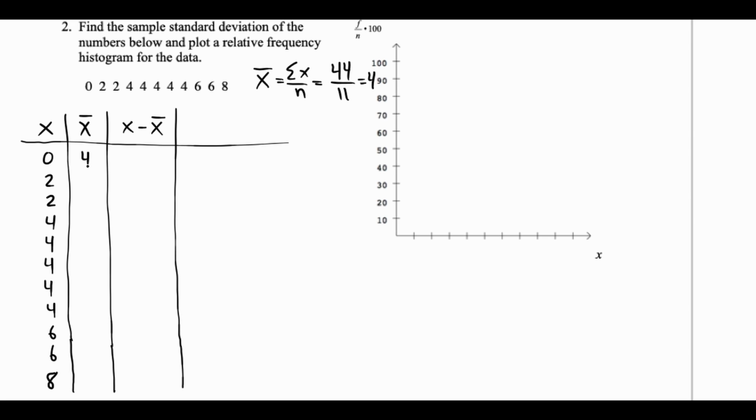So our mean is 4. So then we just have to subtract straight across. 0 minus 4. That gives us -4, -2. And just keep going with that subtraction.